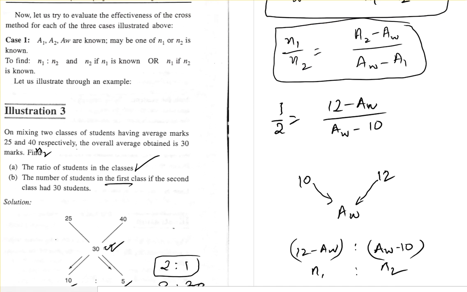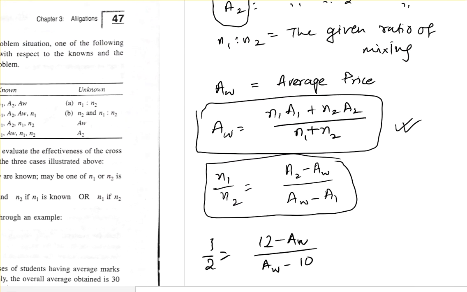Let us first revise what we have studied so far. When you have to obtain the average when two things are mixed, the formula is n1a1 plus n2a2 by n1 plus n2. And when you have to obtain the ratio, difference upon difference is the direct formula. Okay, and this diagram helps a lot.